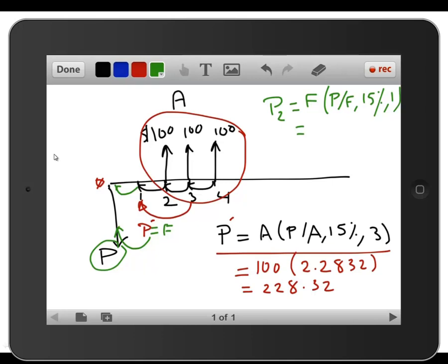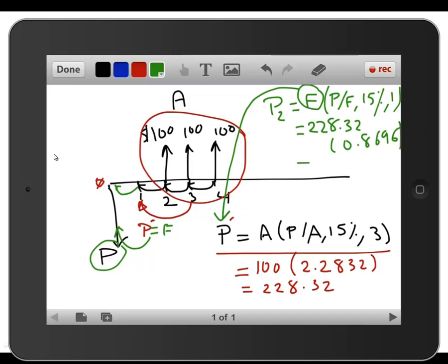And that will equal, now remember that F here is the same as the P prime that we got over here. So it will equal 228.32 multiplied by this factor. And this factor, P given F with 1 year, will equal 0.8696.